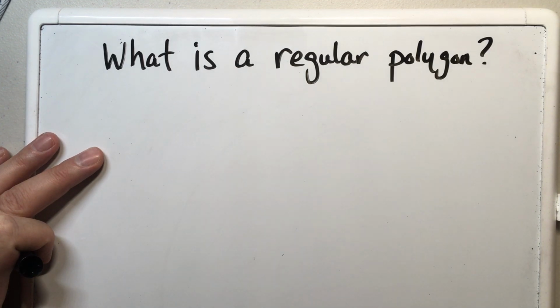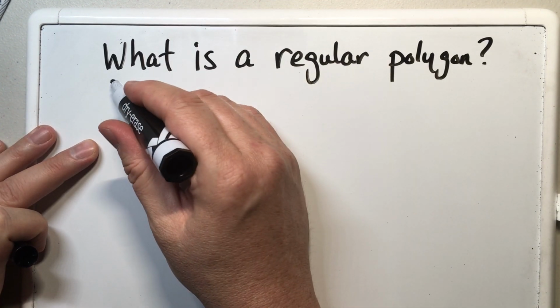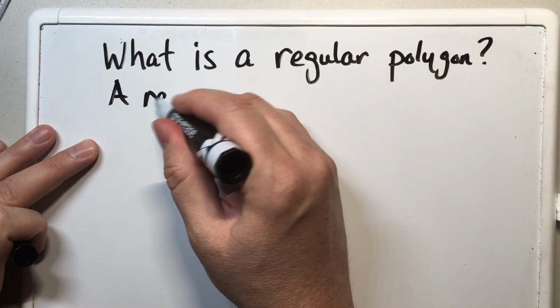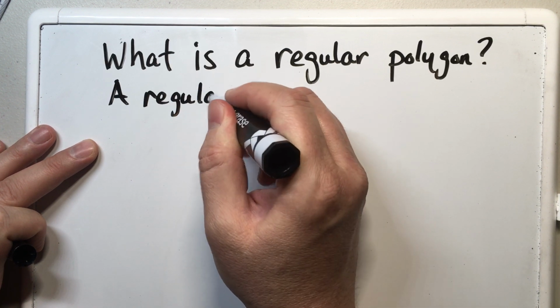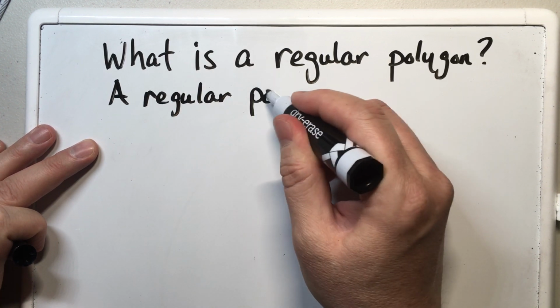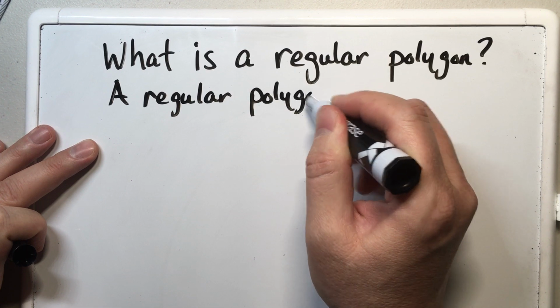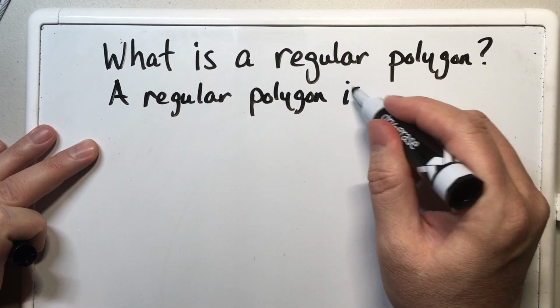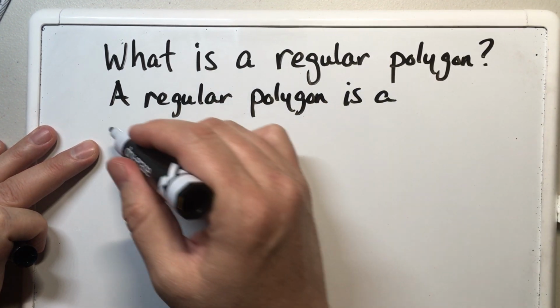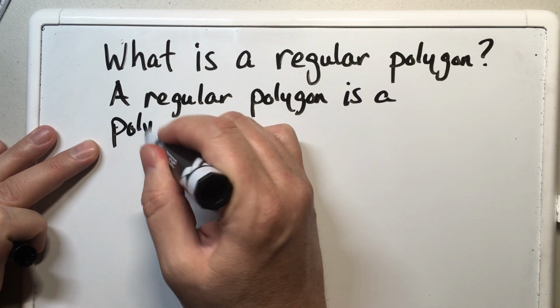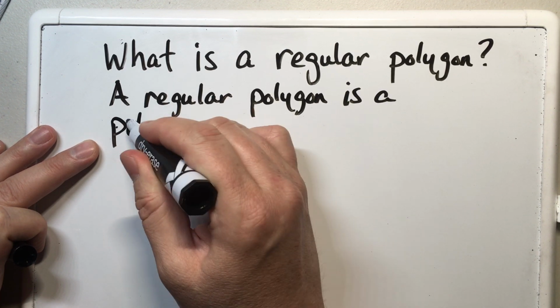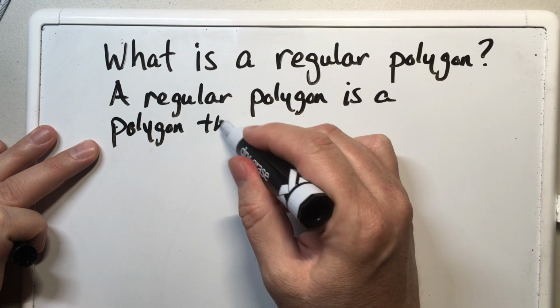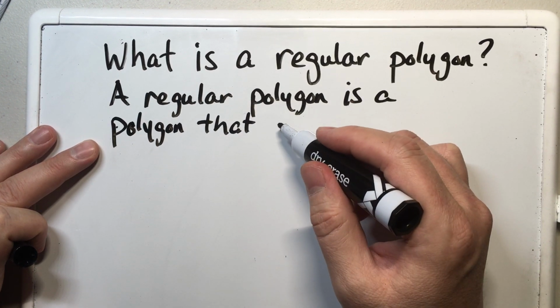A regular polygon is a polygon that has all equal sides.